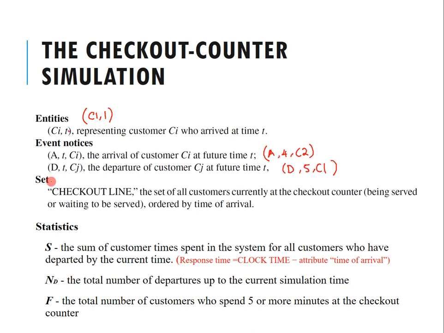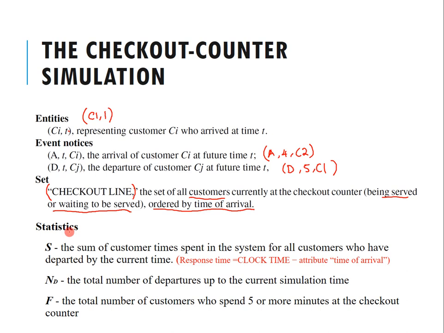For example, we have a checkout line, which is the set of all customers at the checkout counter. We name the set checkout line to represent the customers being served and also waiting to be served, and we order it by the time of arrival of the customers.